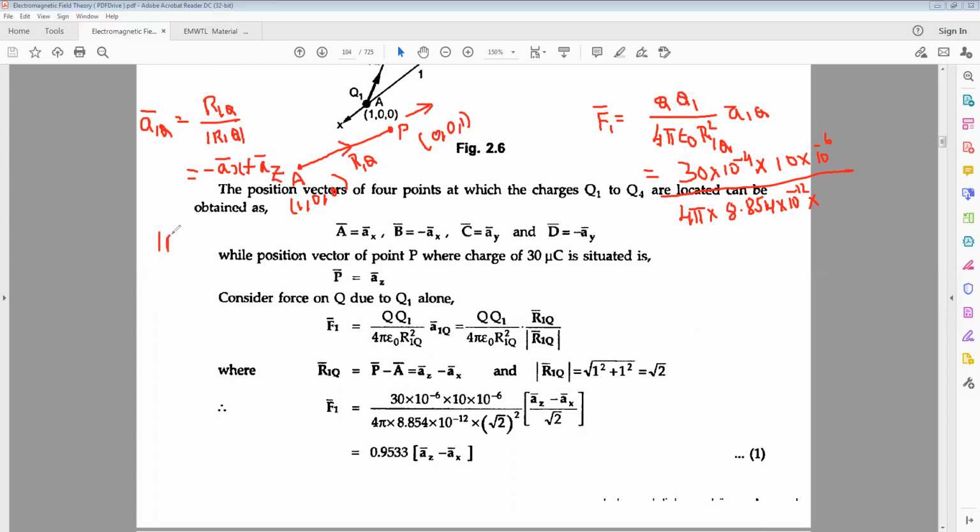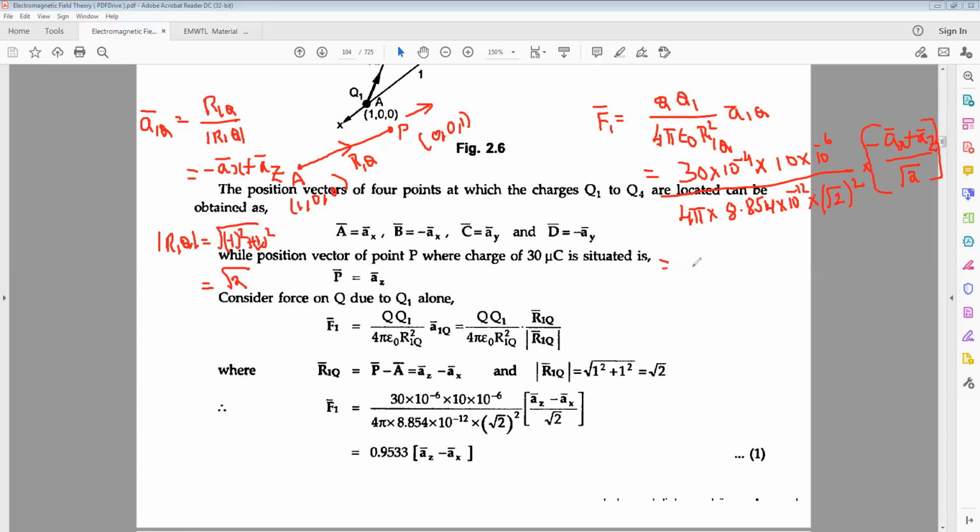Its magnitude, the magnitude of R1Q, is equal to under root of minus 1 square plus 1 square, which is 2, so we get root 2 here, root 2 whole square, and multiply here minus AX bar plus AZ bar whole divided by root 2.